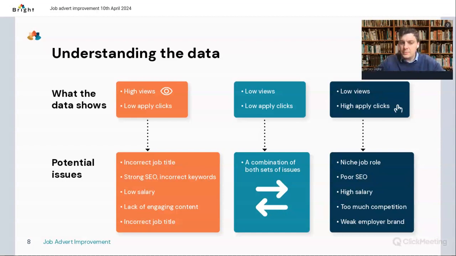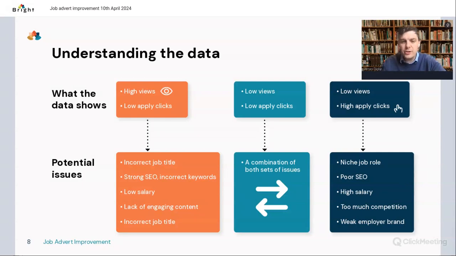The SEO elements might be wrong. So SEO is search engine optimization. It's how optimized your content is to match the search terms. So any job board, TES for example, but any job board is going to have some form of ranking for job advert content. And they're typically trying to replicate the way that somebody searches for content.